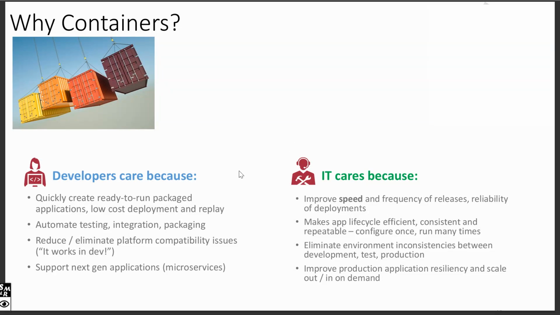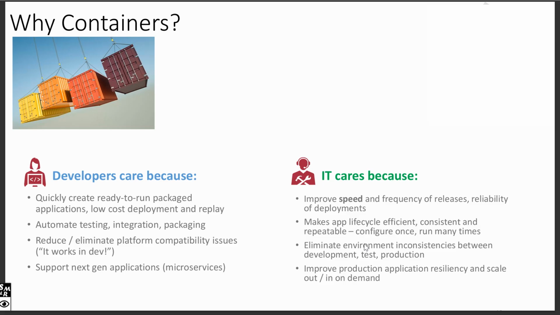So why containers? Developers care because containers quickly create ready-to-run packaged applications, with low-cost deployment and replication. Because of these features, developers use containers to quickly develop their applications. IT cares because it improves speed and frequency, and if speed is improved, we can increase the frequency of releases and the reliability of deployments.